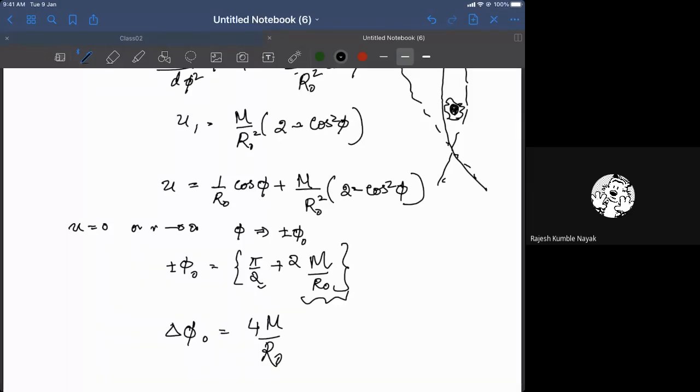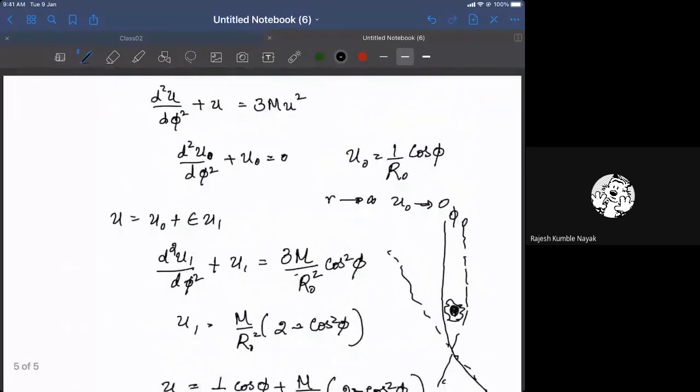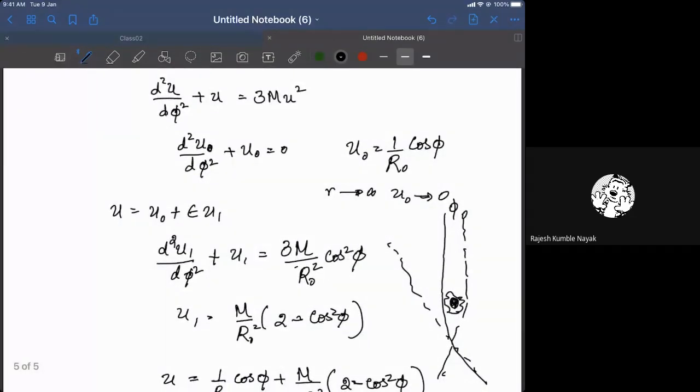So this is a value which has been observed by Eddington, and that is what is being matched with Einstein's calculation, and this is what led to the second test of the general theory of relativity, where you can see bending of light which is coming from the far off object.